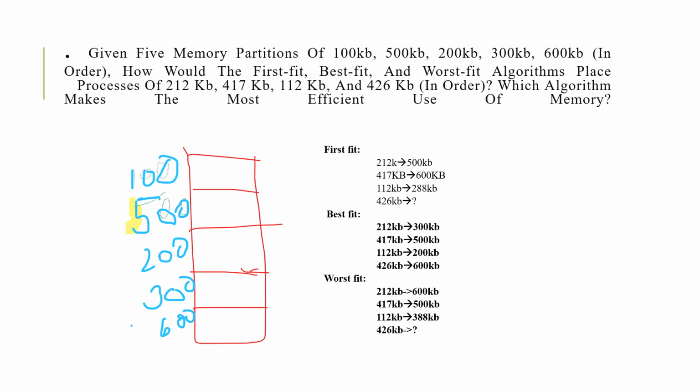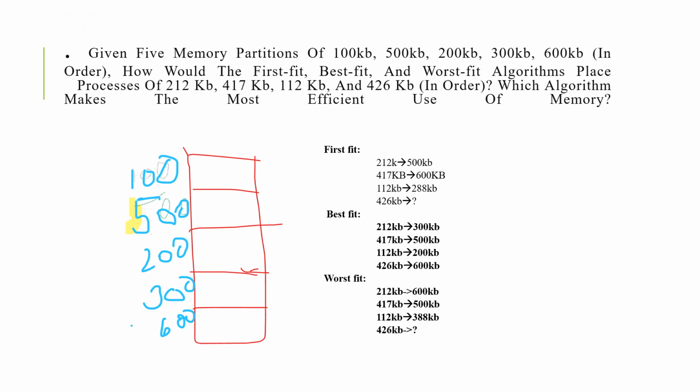Again, if we try to calculate for best fit, what happens in best fit is that the allocator places the process in the smallest block of unallocated memory where it fits, the best possible hole.